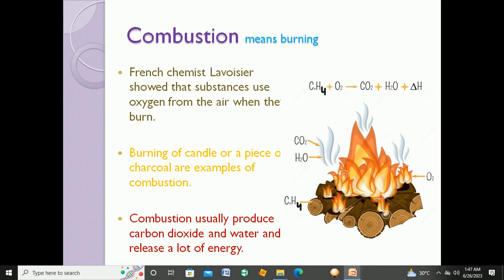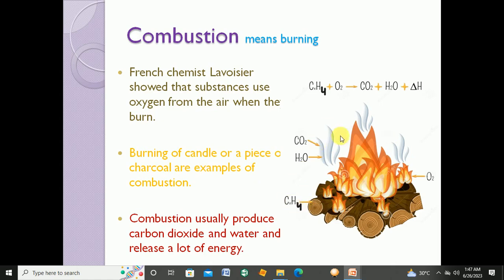Now, there is another process that utilizes air, that is called combustion, and combustion means burning. There was a French chemist, Lavoisier, who showed that substances use oxygen from the air when they burn. Examples of burning are a candle or a piece of charcoal. Combustion usually produces carbon dioxide and water and releases a lot of energy.